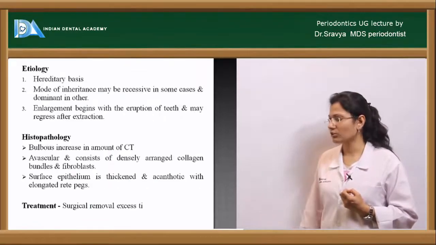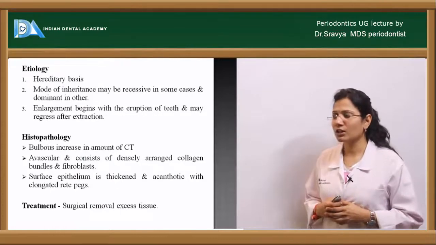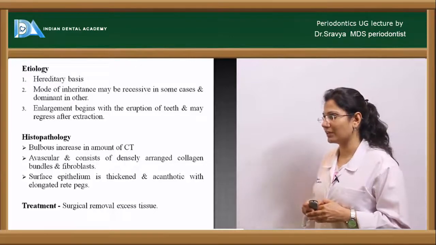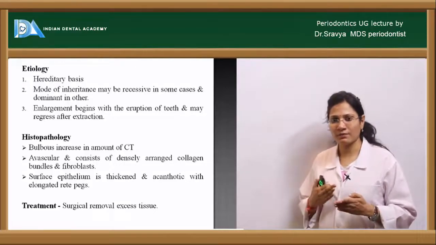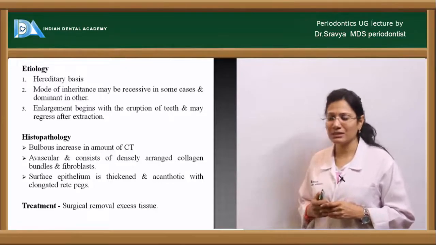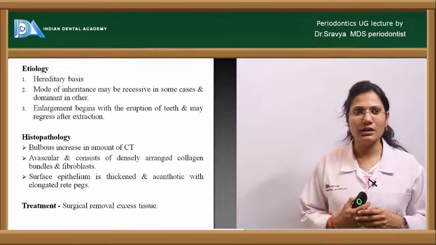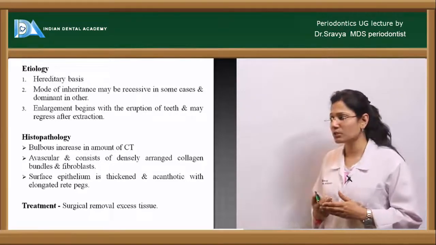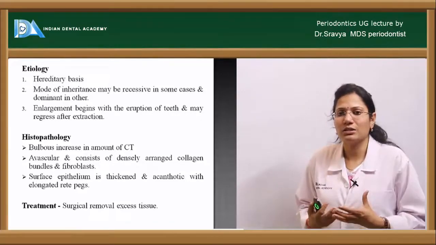It's a rare condition of unknown cause. The etiology is, they say it's hereditary, but we don't know the exact etiology behind it. Sometimes it can have a recessive pattern of inheritance. Enlargement begins with the eruption of teeth and may regress after extraction. The histopathology shows bulbous enlargement with an increase in the connective tissue.